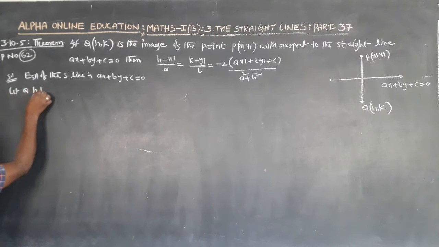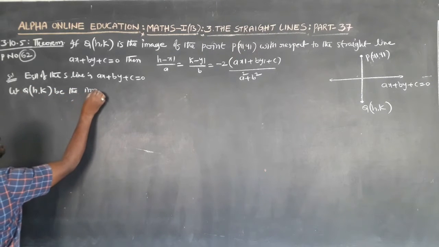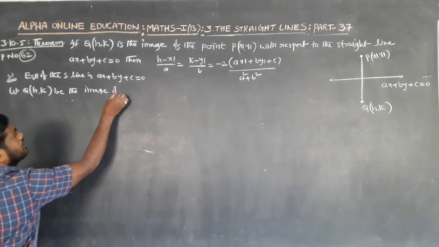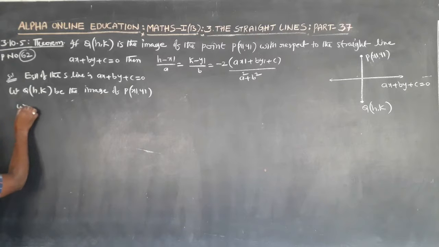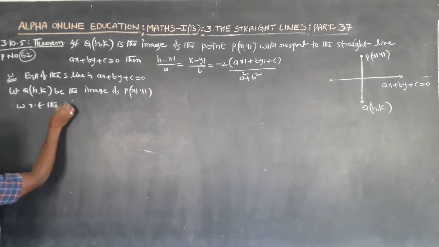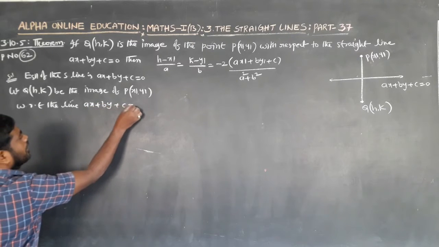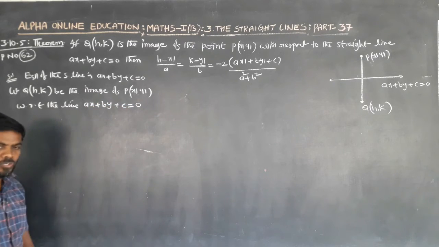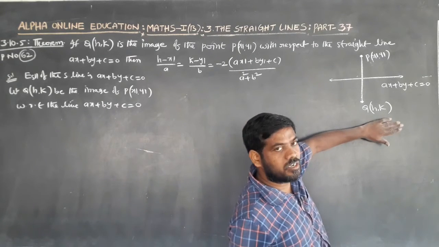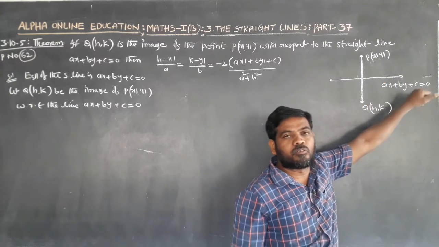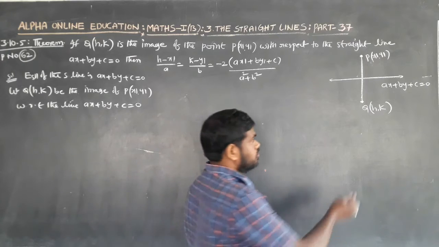Let Q(h, k) be the image of P(x1, y1) with respect to the line ax + by + c = 0.